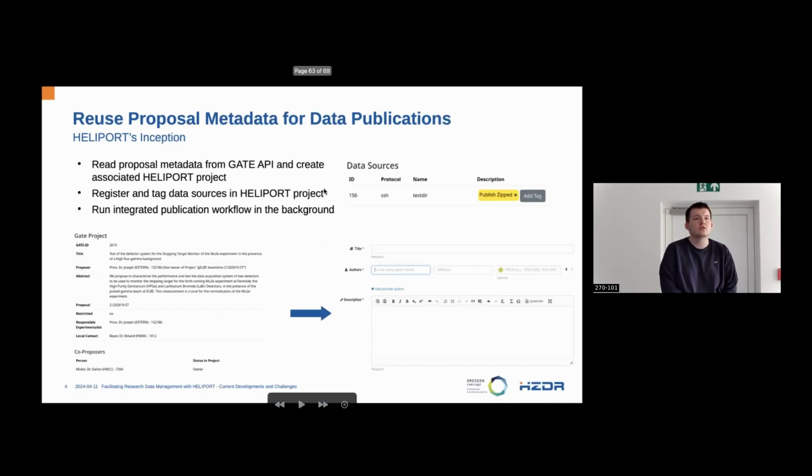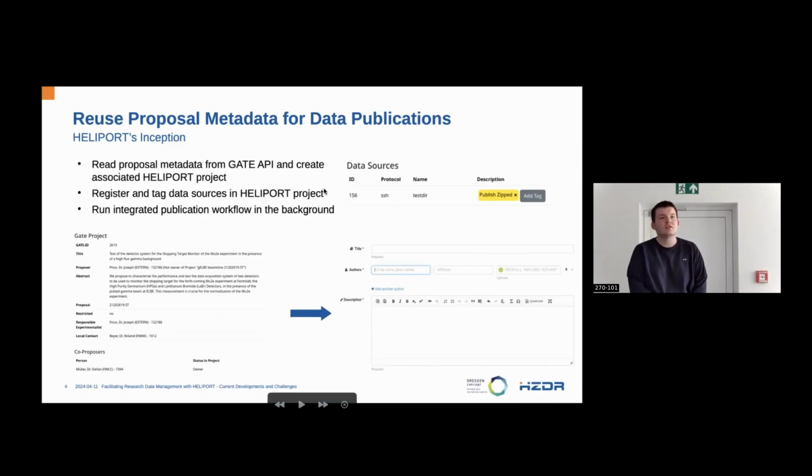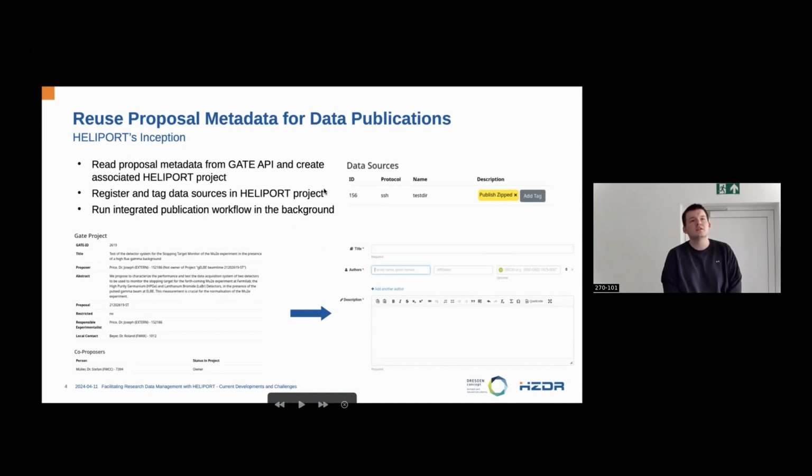The first thing that I want to talk about is a first example from the HELIPORT inception, so to say. We wanted to reuse proposal metadata because we noticed that people who had a proposal at HZDR for a beam time, for example, would already have all this metadata about their projects in the Gate system.